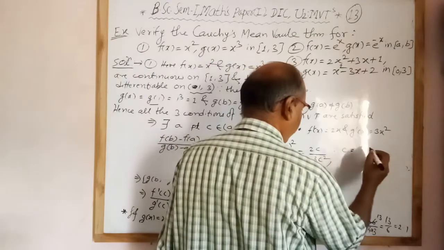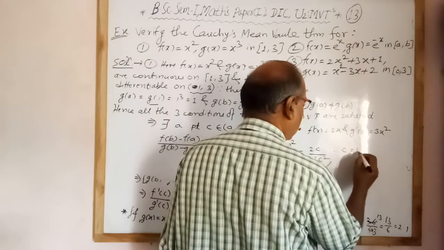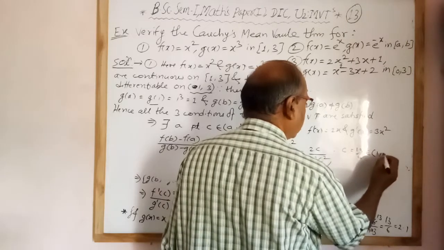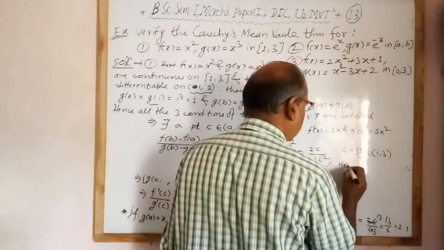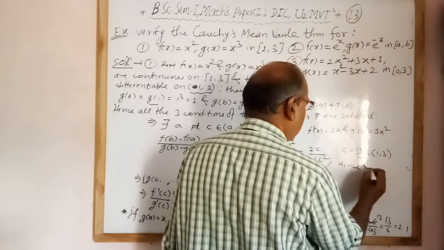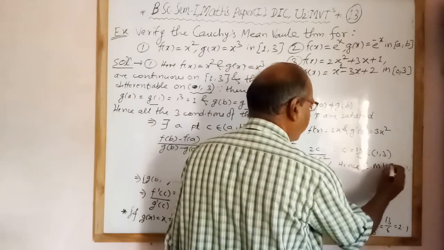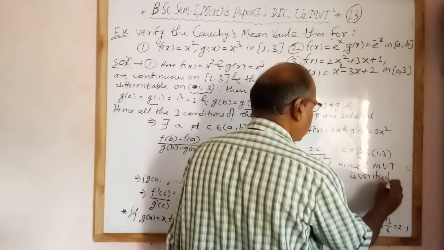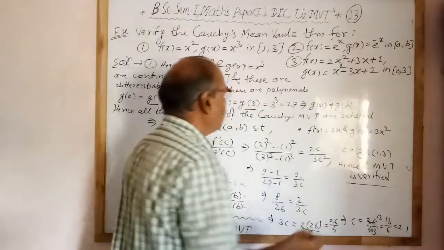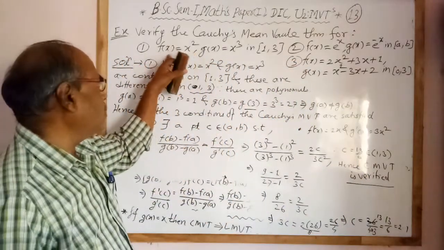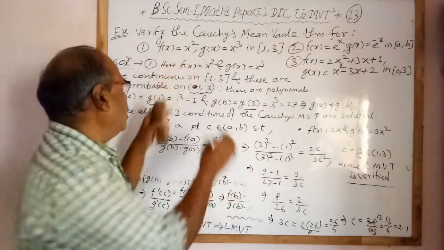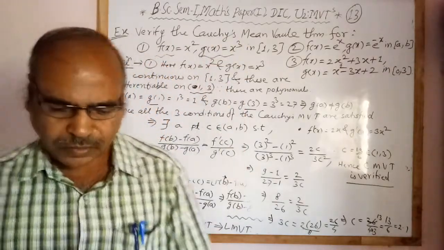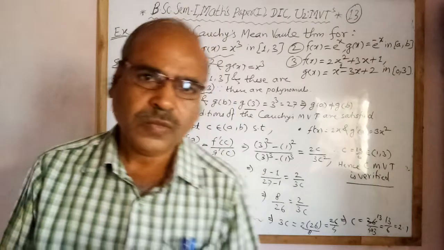Therefore, c equals 13 by 6, which belongs to the open interval (1, 3). Hence, Cauchy's mean value theorem is verified for the given functions f of x equals x square and g of x equals x cube. We'll stop here.